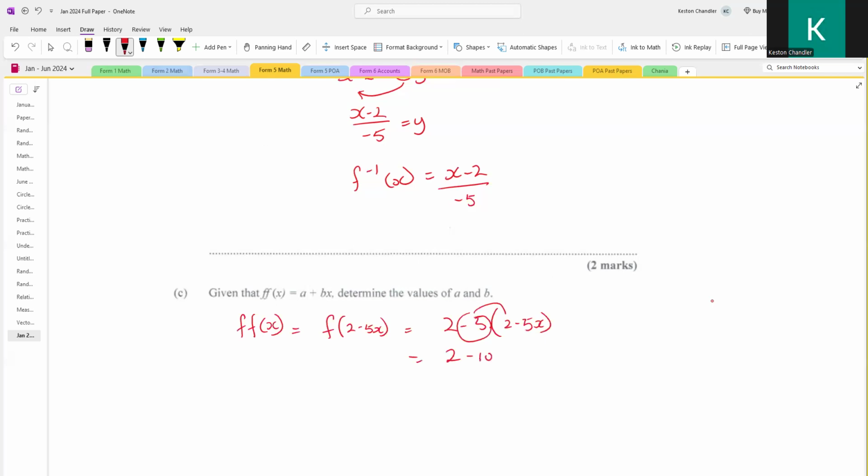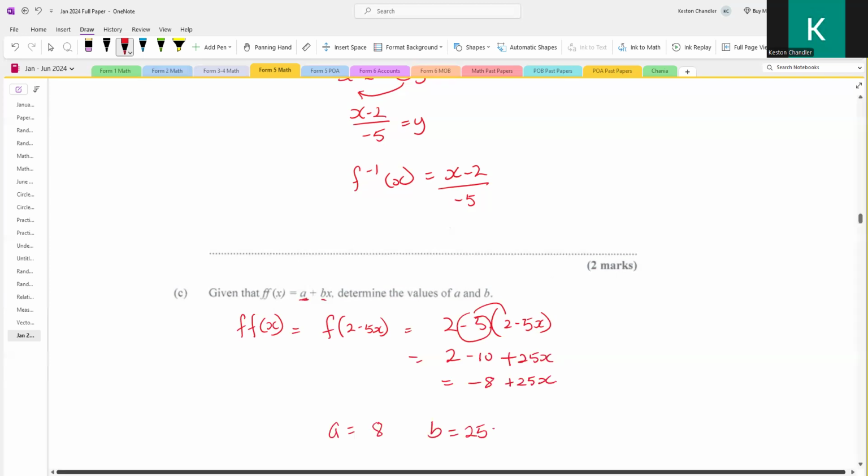Negative 5 by negative 5x will give me positive 25x. So I will get negative 8 plus 25x. So a is negative 8, that's this a here. And b is 25, as this value in front of the x.